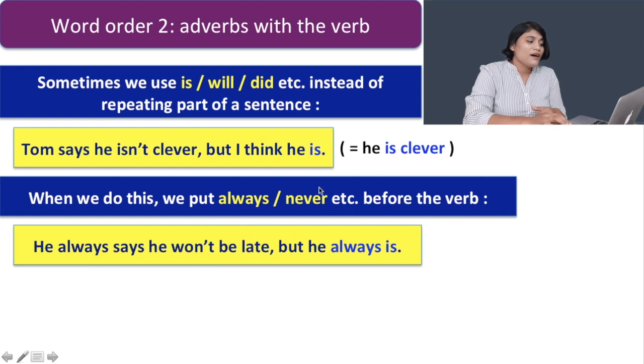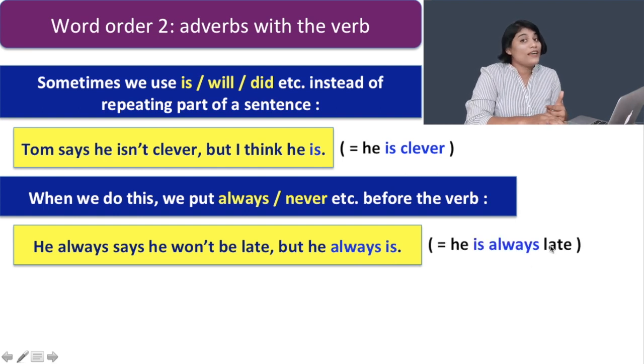So: he always says he won't be late, but he always is. Here he always is means he is always late. So you have to put the adverb always before the verb is.